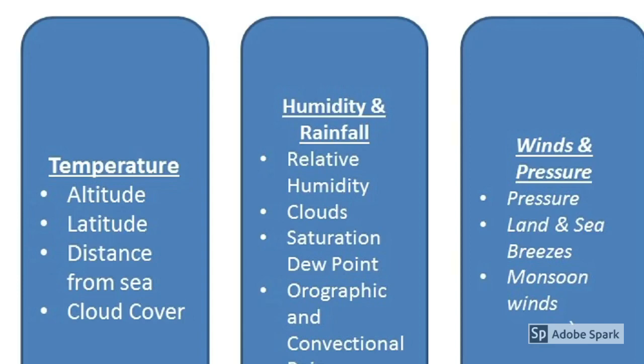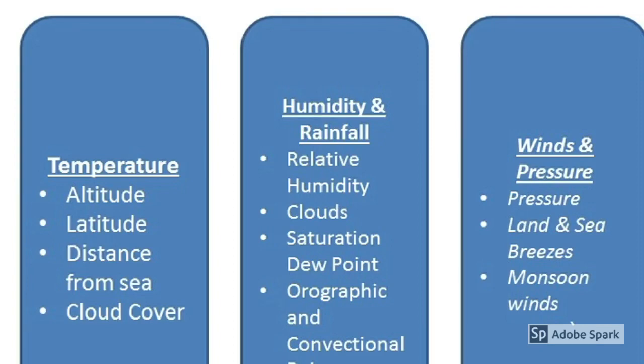If you're on the same latitude line, you should technically get similar climate types. For the idea of distance from the sea, please, this is the continental and maritime effect component, as well as for cloud cover. Please understand how the cloud serves as a buffer and as a way to trap solar radiation in the day as well as at the night.